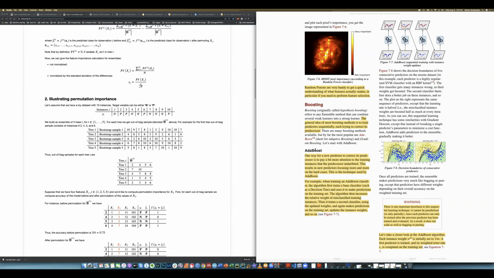So in adaptive boosting, or AdaBoost, essentially you first train a model on your training set. You see how your model is doing on that training set, and then you find samples for which your model did poorly.